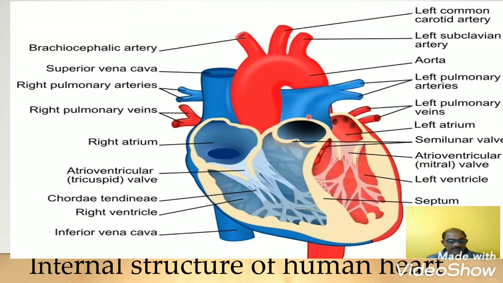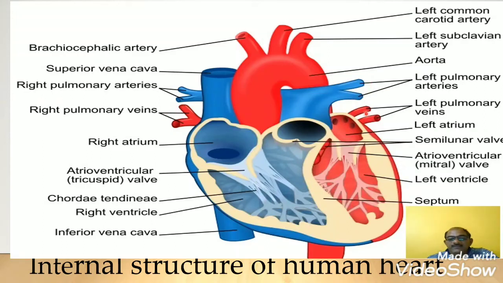So this left atrium receives pure blood or oxygenated blood from pulmonary veins. Here left pulmonary veins and right pulmonary veins.